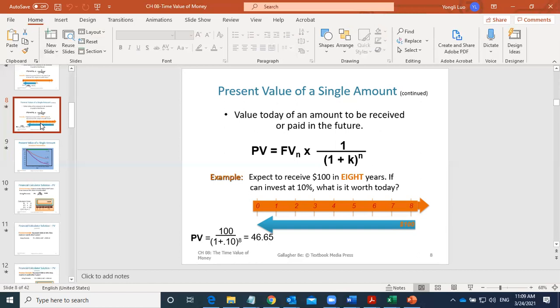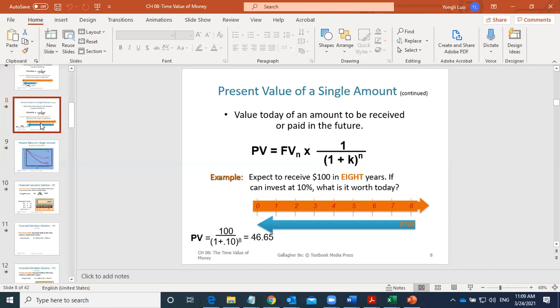So if your future value is $100, your present value will be 100 divided by 1 plus 0.1, that is 10%, raised to the power of 8, which is $46.65. Okay, that's how much it is worth today.